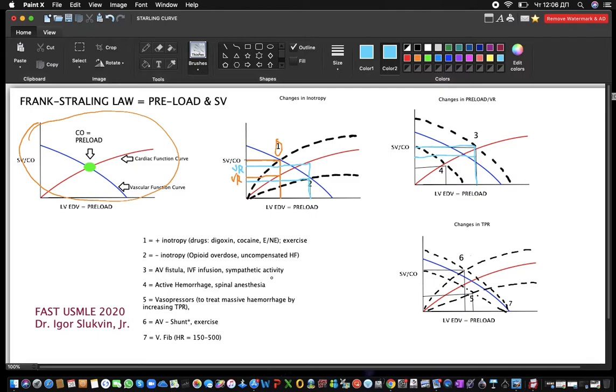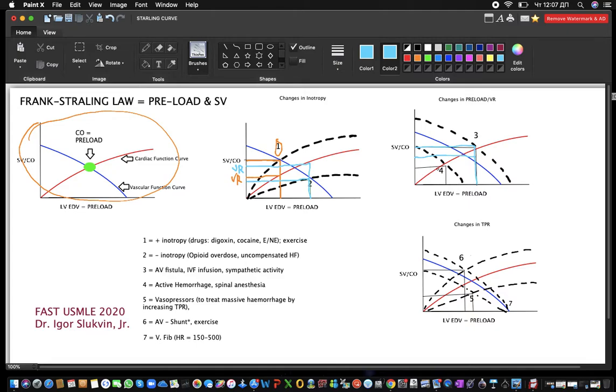You're going to raise them above the vascular function curve because you're adding total body fluids, but assuming that they don't have any heart failure or anything like that, it's going to eject the same amount of cardiac output, leaving the same end diastolic volume.